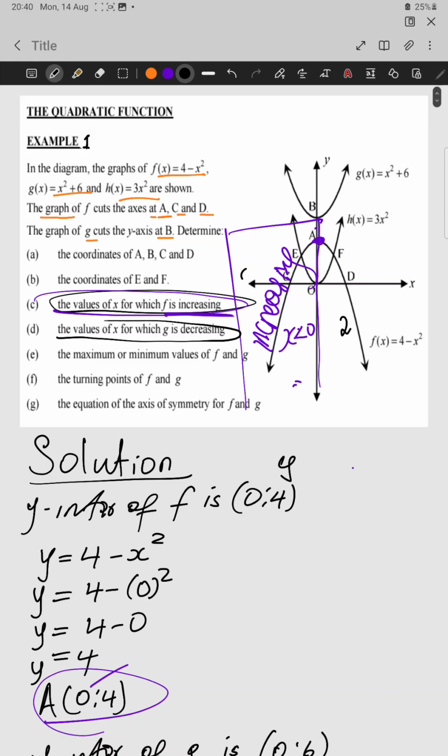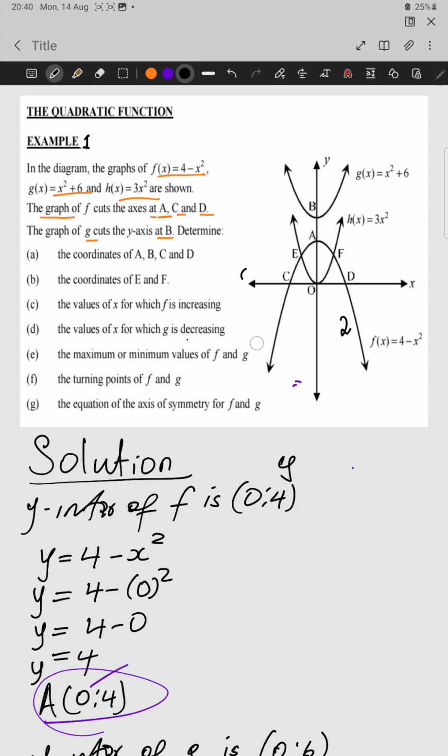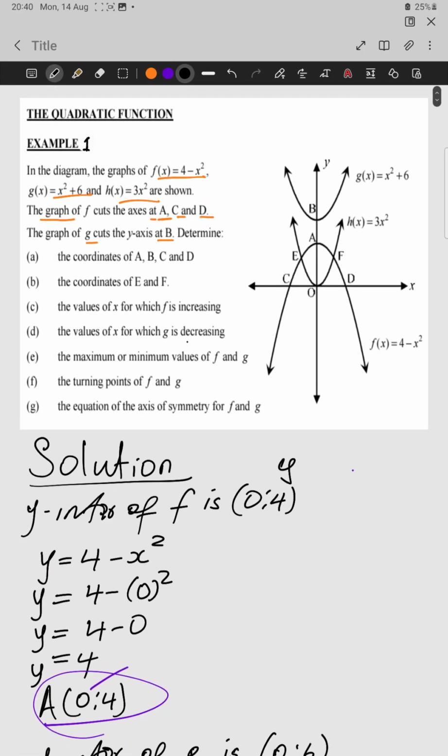The values for which g is a decreasing function. Where is g? Oh, up there. So for a decreasing function, where g is decreasing, I said this portion must be decreasing. What is the x value of b?